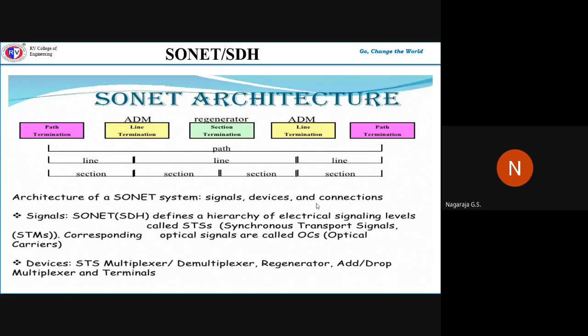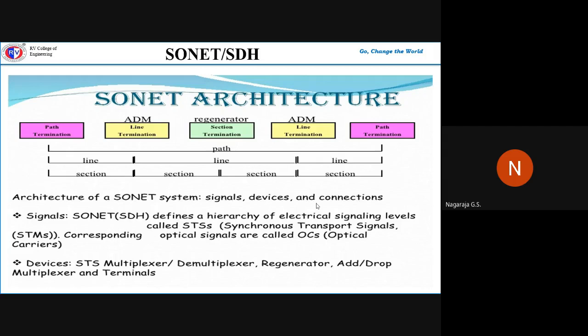Whereas line is from one layer to another layer of your Sonet network. And section basically creates the basic Sonet frames during your data transmission.